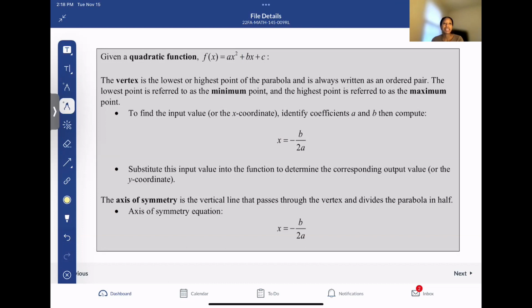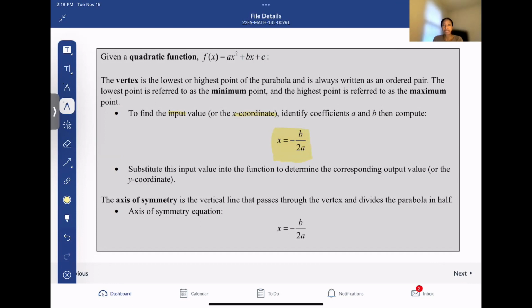To find the input value of the vertex, or the x-coordinate of the vertex, we have a formula which we need to memorize. It's going to pop up a lot, okay? x equals -b over 2a.